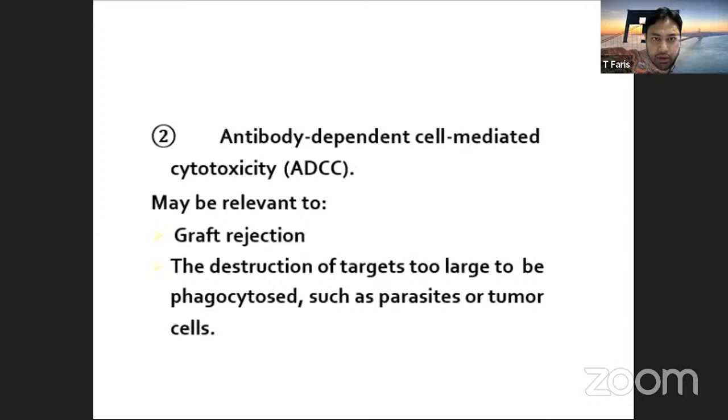Another type inside type 2 is antibody-dependent cell-mediated cytotoxicity, in short ADCC. This commonly occurs in transplantation, where you see graft rejections, and graft versus host disease, GVHD. It is the destruction of targets too large to be phagocytosed, such as parasites or tumor cells, which are too much to handle.